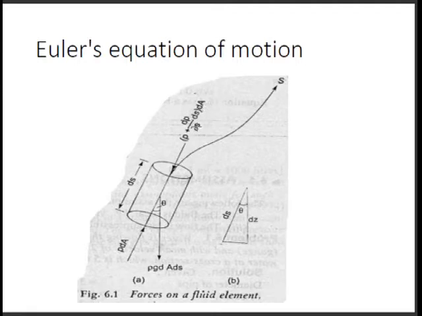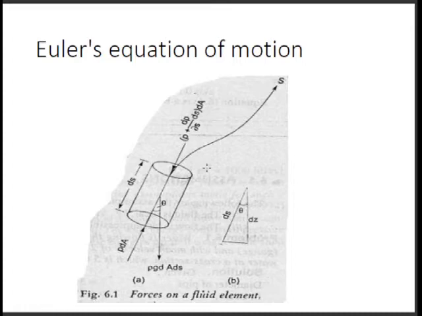This ∂P/∂S is nothing but the change in pressure with respect to length, into the total length, into the cross-sectional area. This is the pressure force which is opposite to the direction of the flow.